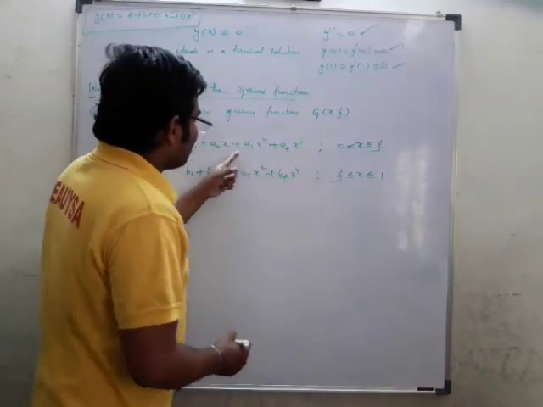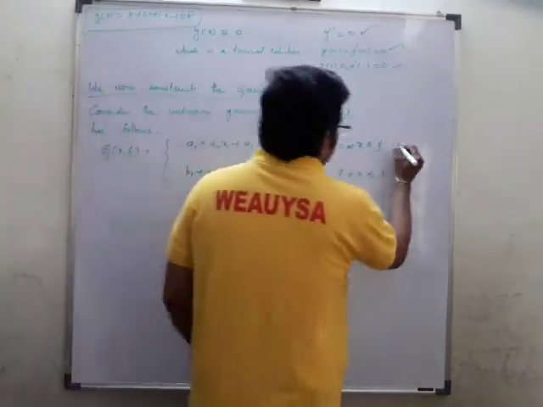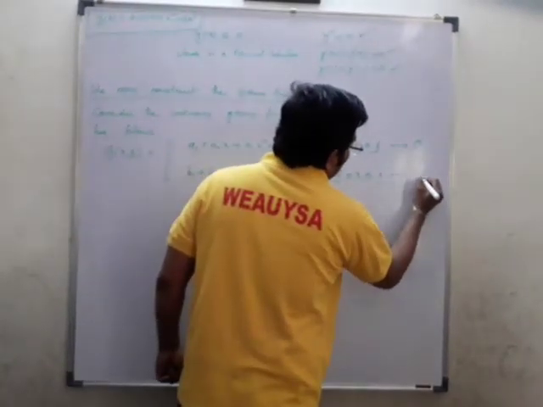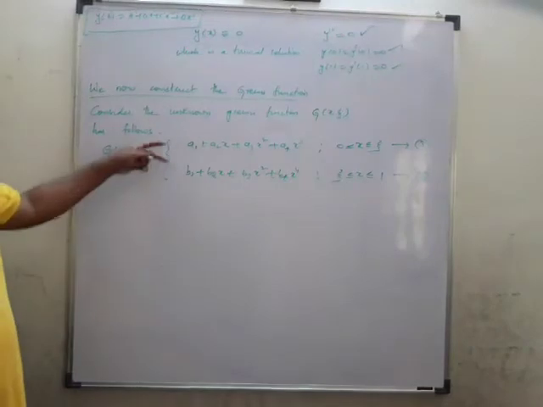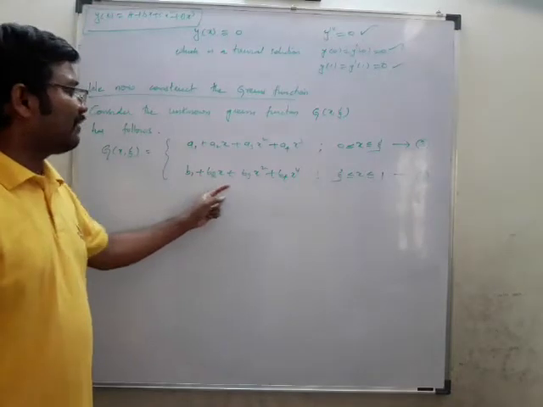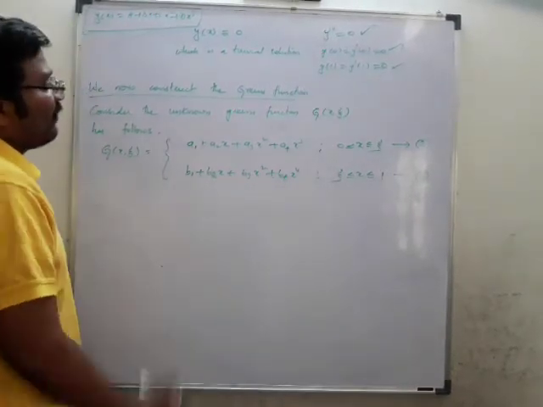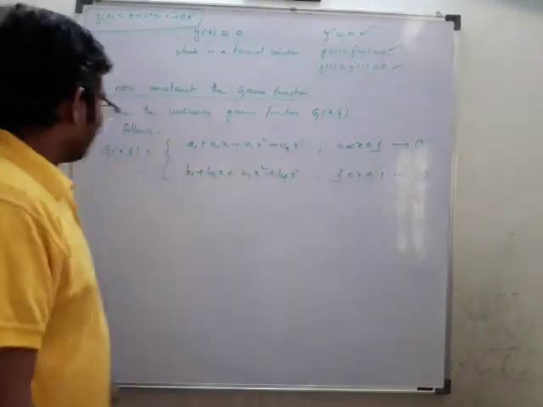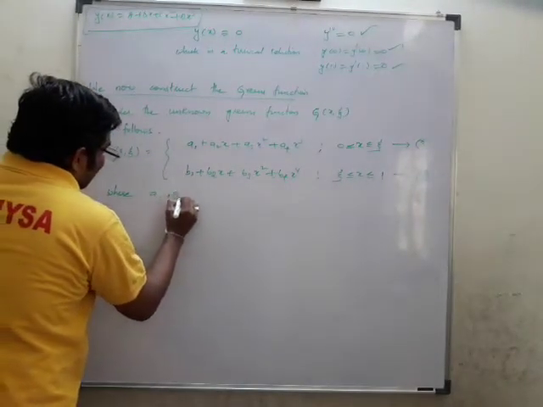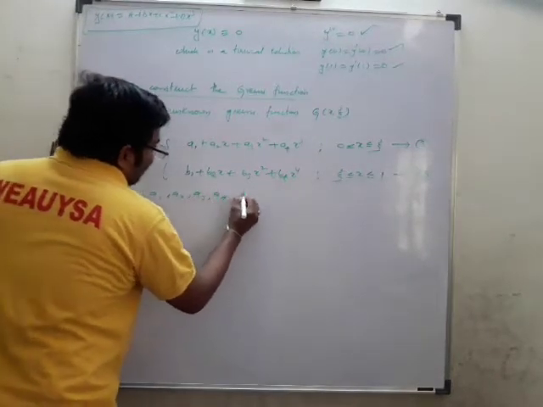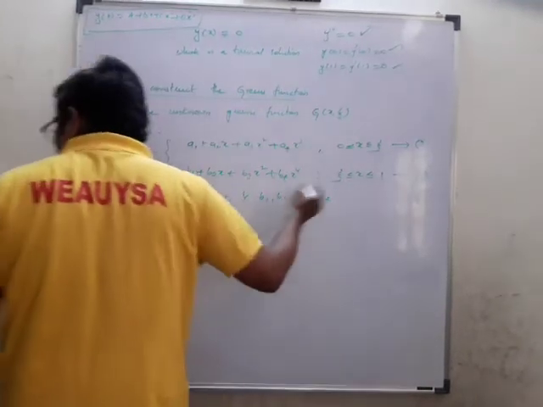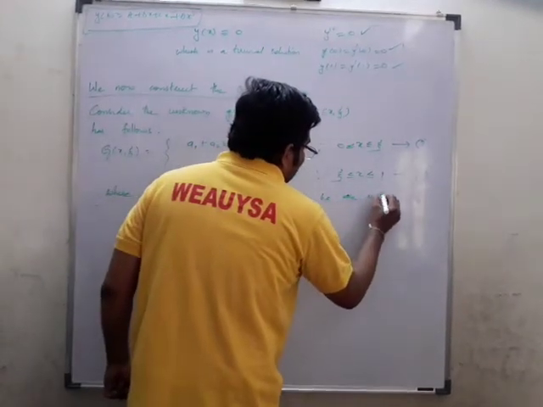This condition I will take as number 3 and 4, because already we have taken 1 and 2. Our aim is to find out the values of a1, a2, a3, a4 and b1, b2, b3, b4 to construct g of x comma z.